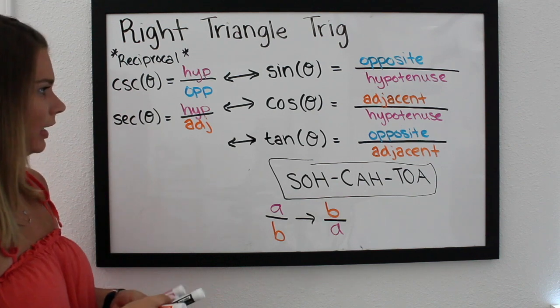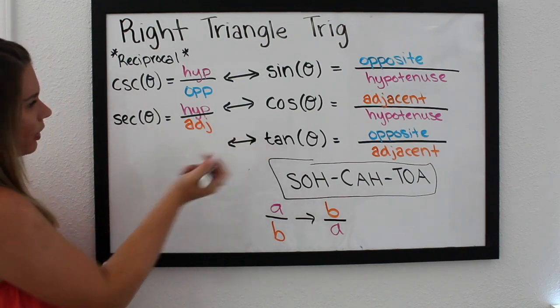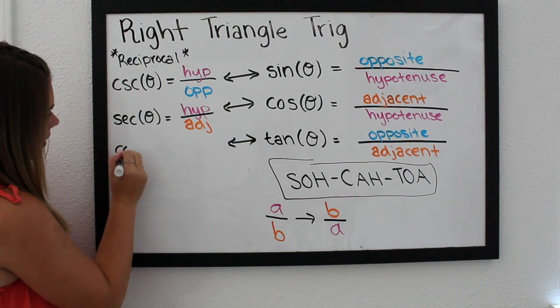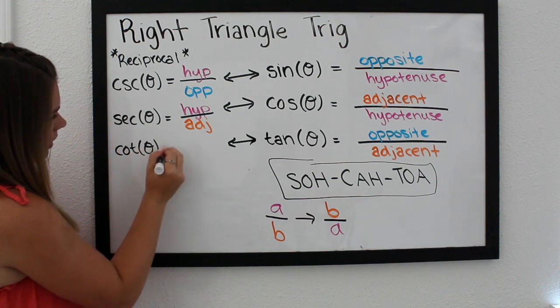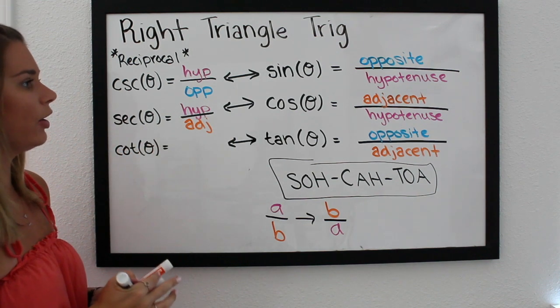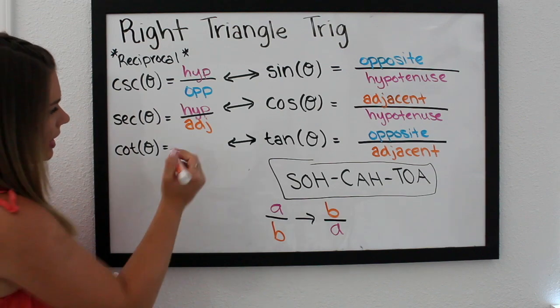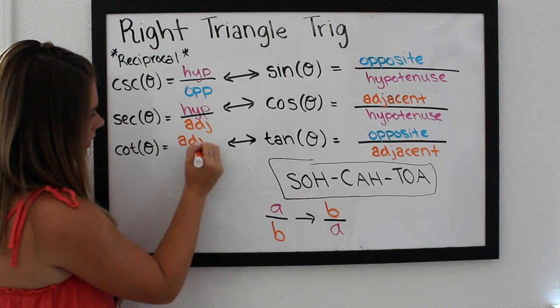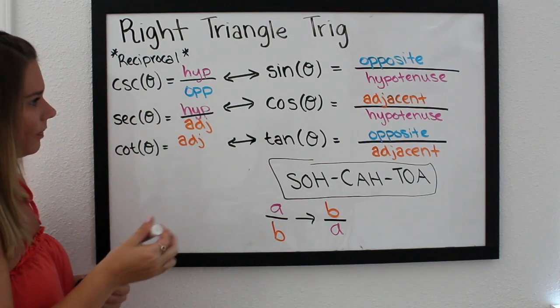And finally, the reciprocal of tangent is cotangent. Instead of opposite over adjacent, it's going to be adjacent over opposite.